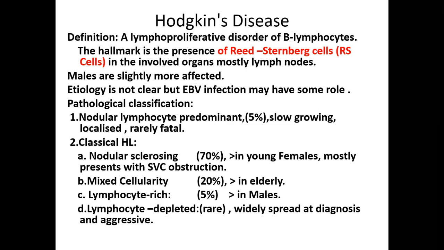They have clear cytoplasm, and the nucleus is binucleated, and there is a nucleolus inside the nucleus, and these cells are scattered inside the lymph nodes. Also, these cells can be seen in other tissues if it is involved by the Hodgkin disease.